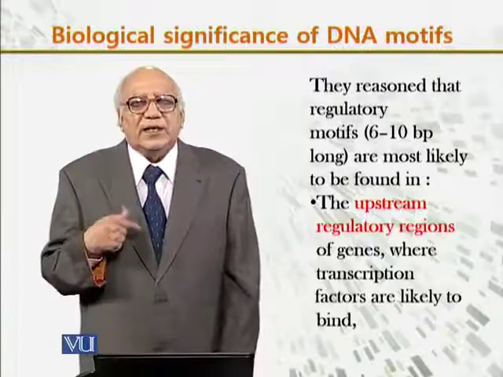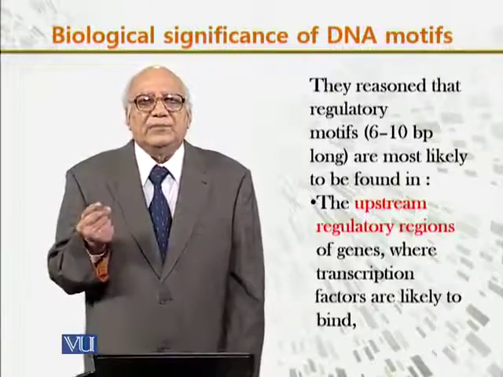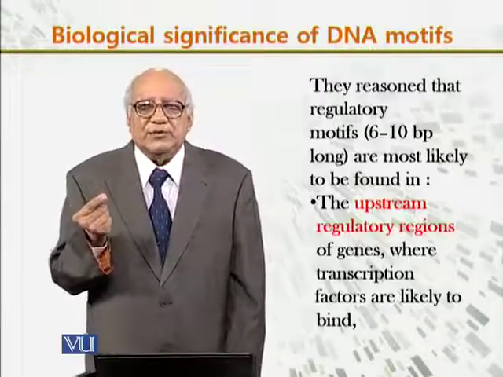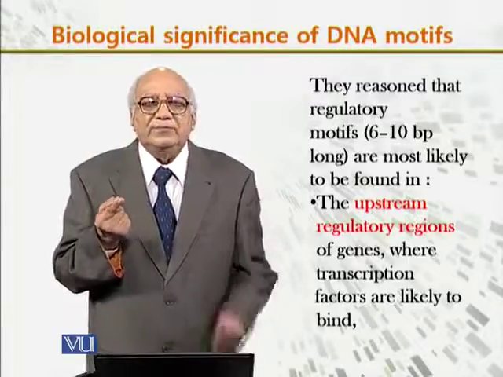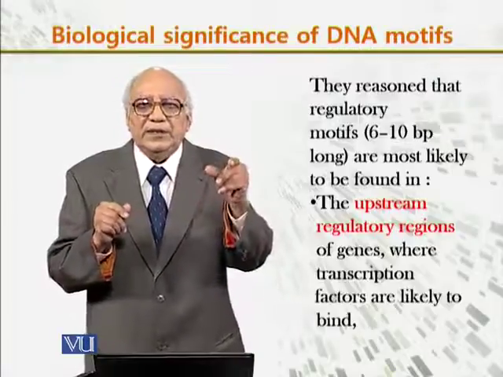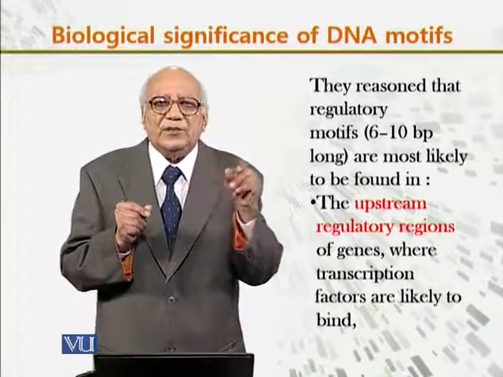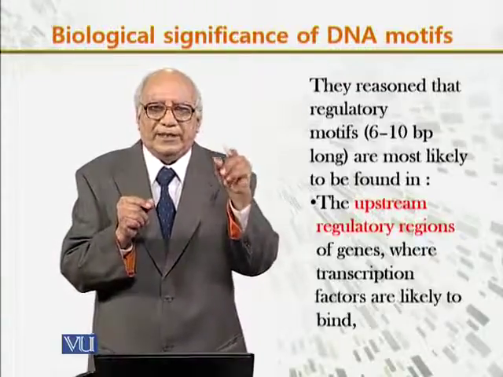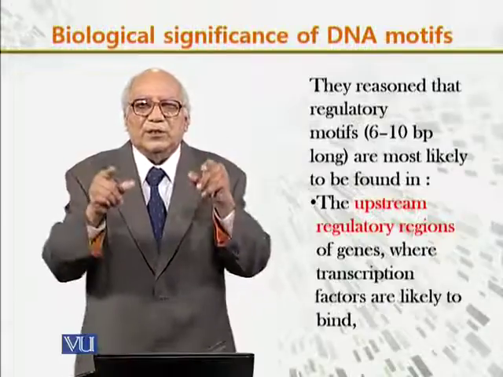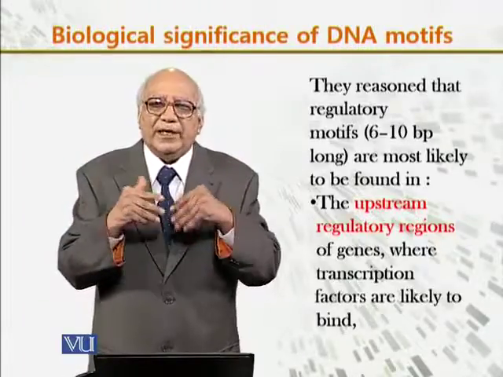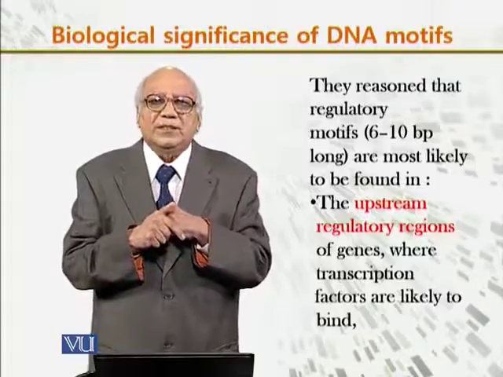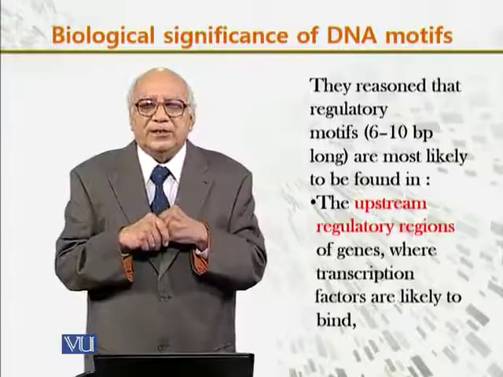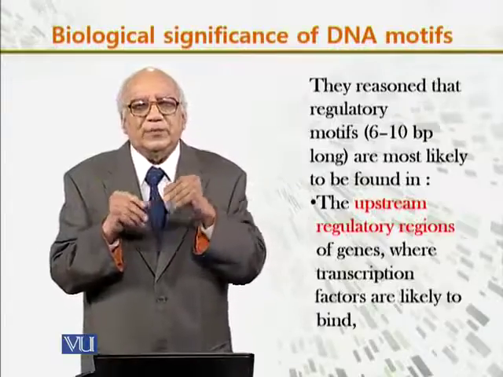Now these researchers reasoned that regulatory motifs are 6 to 10 base pairs long. They are very small, like small sentences which control the whole text. They are most likely to be found in the upstream regulatory region of a gene where transcription factors are likely to bind.